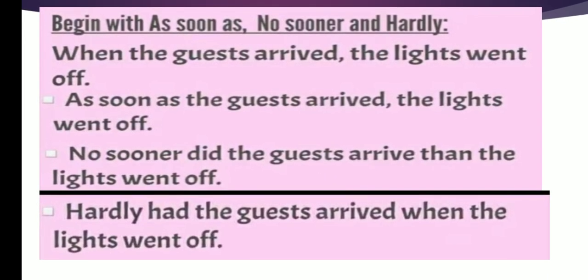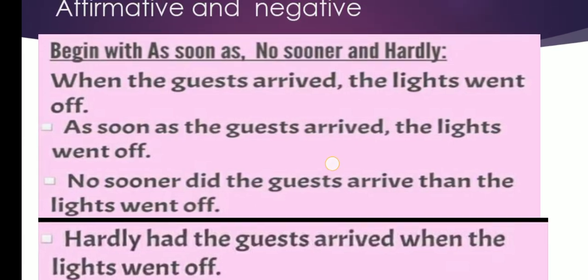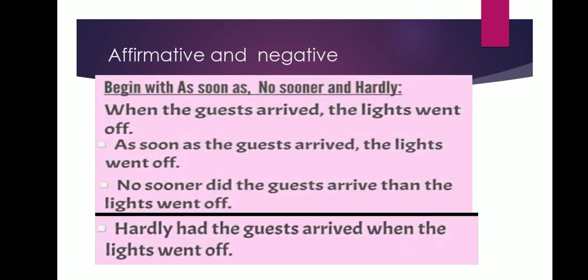And you can also change this sentence with hardly. You can start: Hardly had the guest arrived when the lights went off. Always remember, children, when you are starting a sentence with hardly, when joining the second part you have to add when. Hardly had the guest arrived when the lights went off. So this affirmative to negative you can change like that.